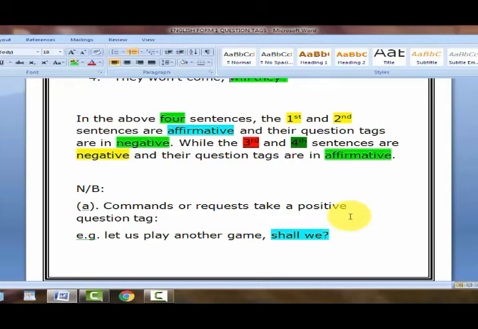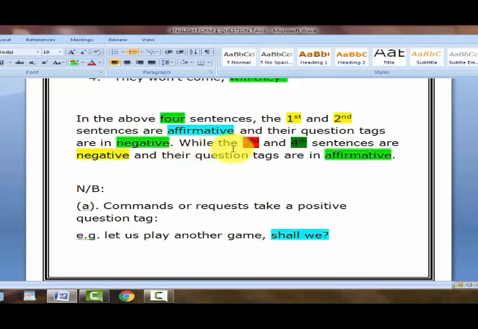In the previous chapter we learned that not makes a sentence negative, so they are affirmative, and their question tags are negative. It has to be opposite. That's why I told you that affirmative and negative sentences are very important, and when you have been given a question on question tags, they're going to assist you.